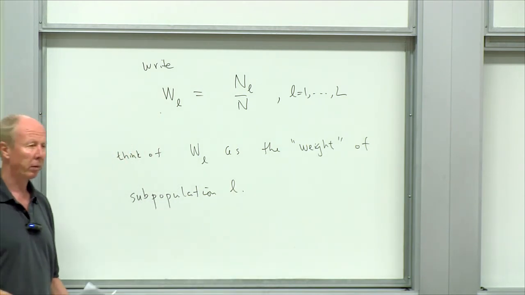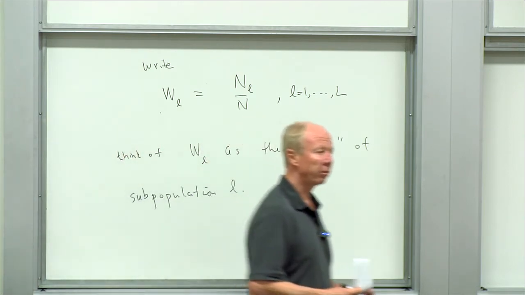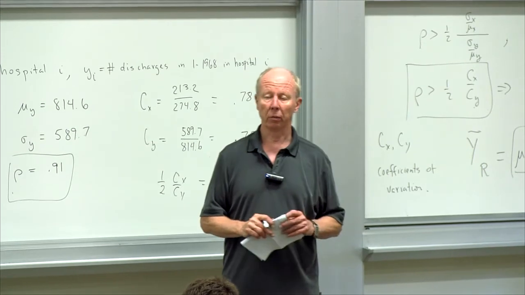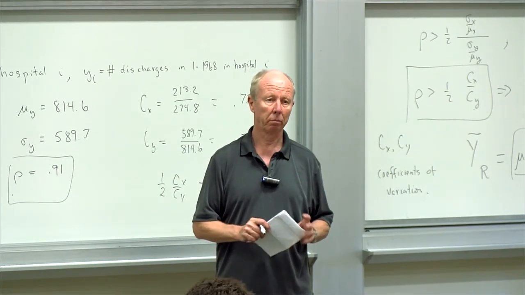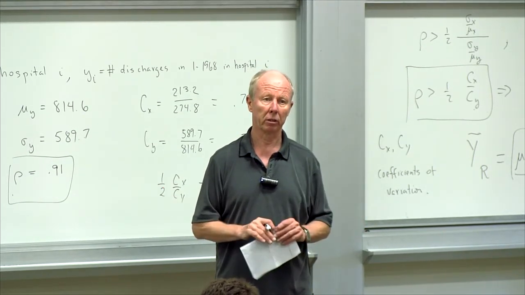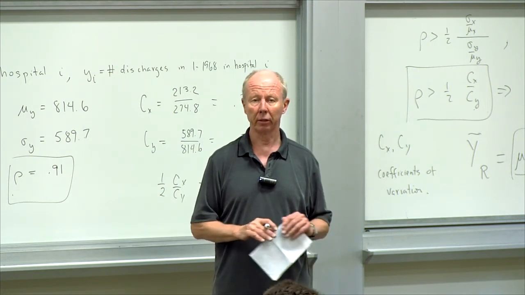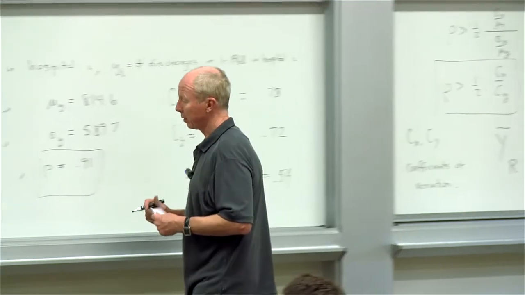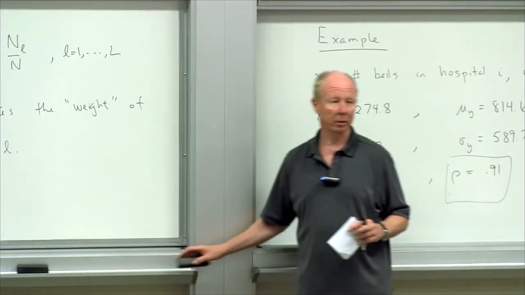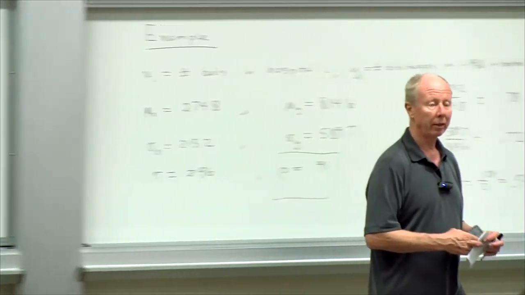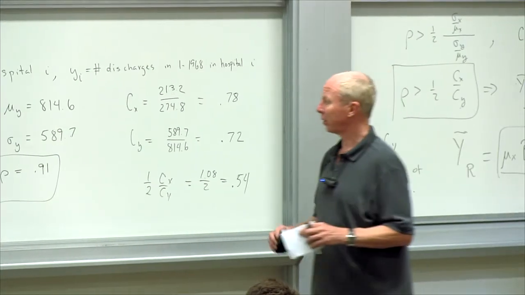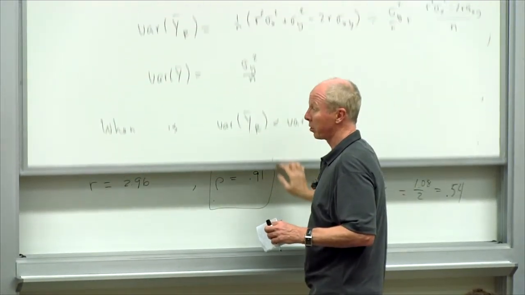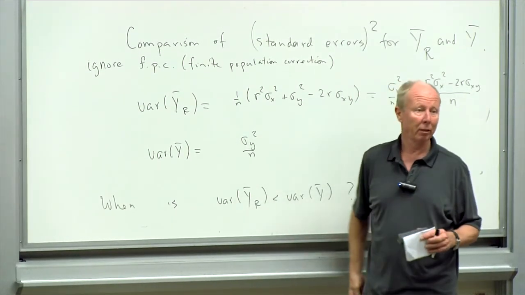So what are some examples? Maybe you're studying unemployment in the United States. You want some estimate of the number of unemployed females aged 30 to 40 in the US. Well, you could just take a random sample from the whole population and check the unemployment that way. Or you might divide the US into states.